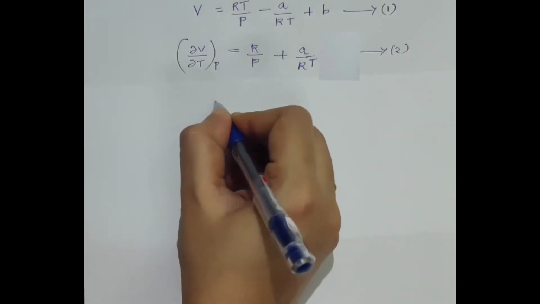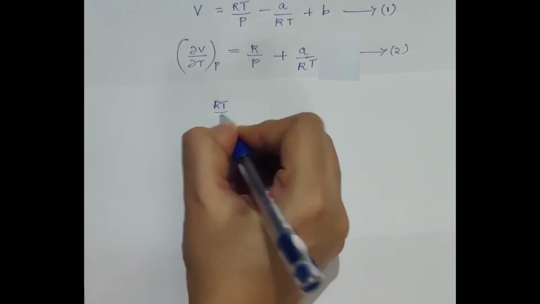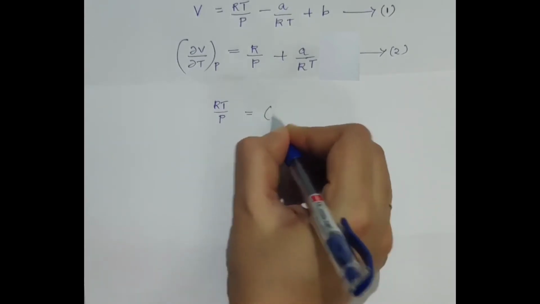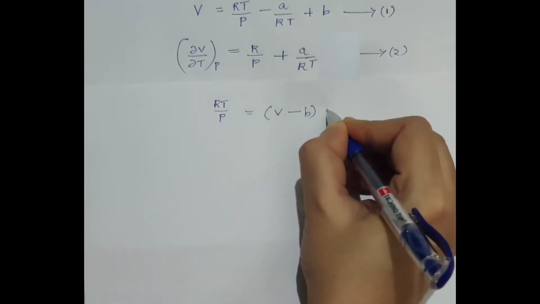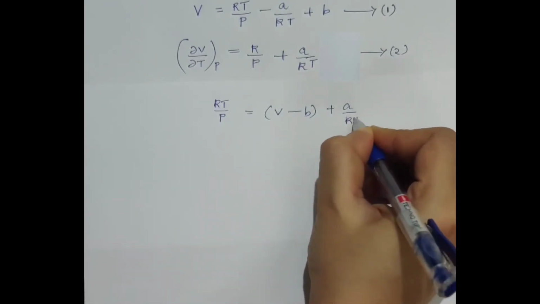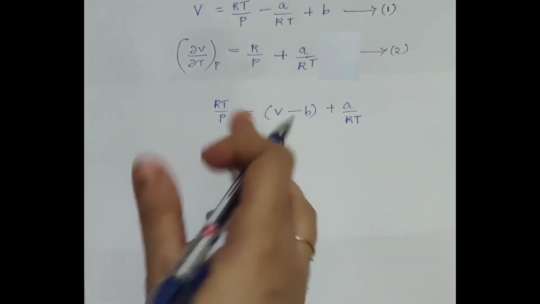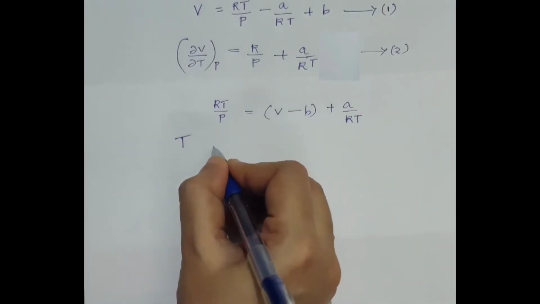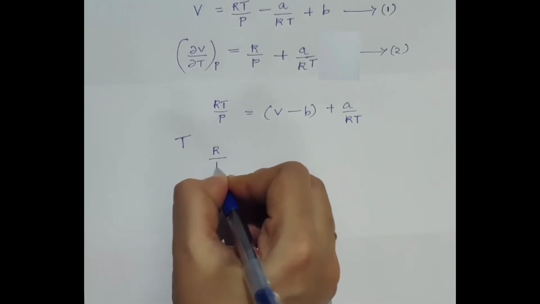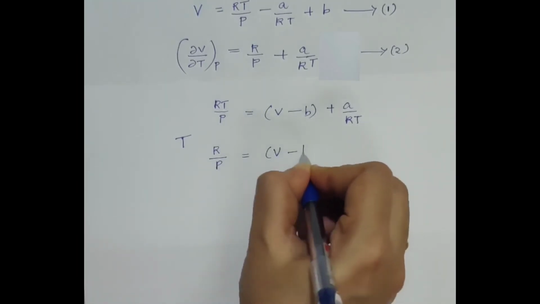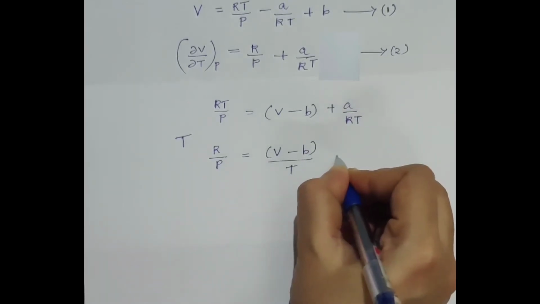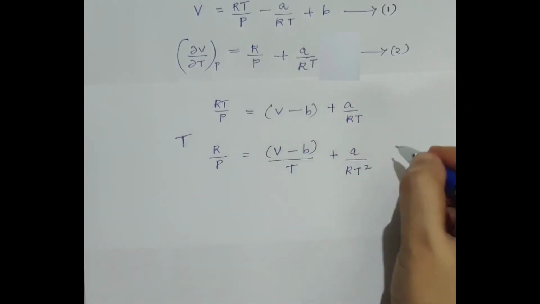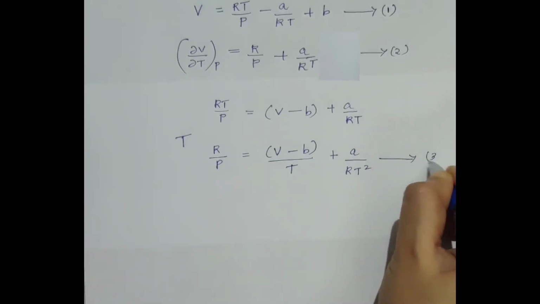That is, RT/P = V − b + a/RT. Then dividing throughout the equation by capital T, we get R/P = (V − b)/T + a/RT². We can call this equation number 3.